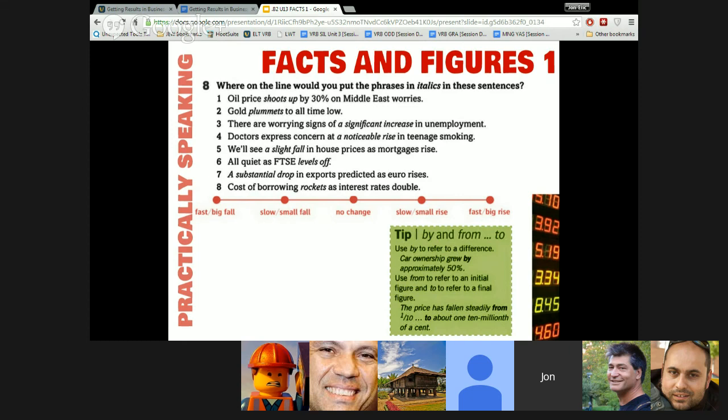Anyway, it's pronounced FTSE, but they don't say what it stands for. Is it Financial Times? Yeah, it's Financial Times. Oh, and SE is Stock Exchange, not Security Exchange. But that means basically the same thing. Anyway, so we're going to call it the FTSE. So, all quiet as the FTSE levels off.